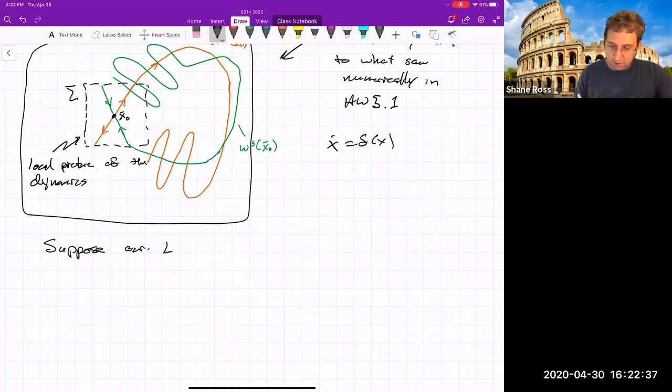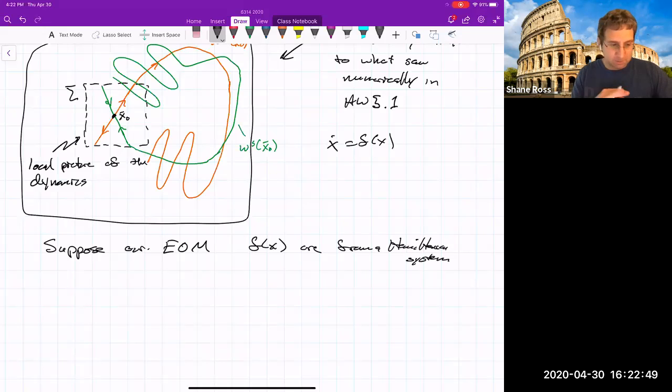So suppose our equations of motion f of x are from a Hamiltonian system. And here I mean the canonical Hamiltonian system with no damping, so no non-conservative forces.